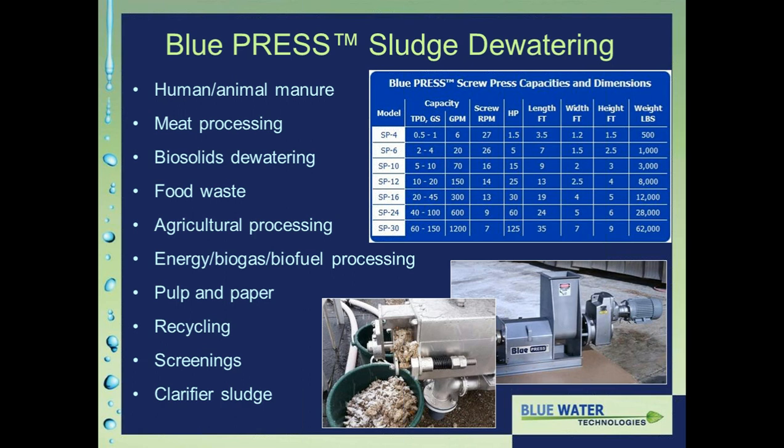Along with these treatment systems, a lot of times there is a desire or a need for dewatering. So Blue Water also has a line of screw presses, our Blue Press, for sludge dewatering. And there's a variety of different applications that you see on the screen for which we've used this product line. But primarily we have these with the topic of the day, the stormwater treatment, sewage treatment.